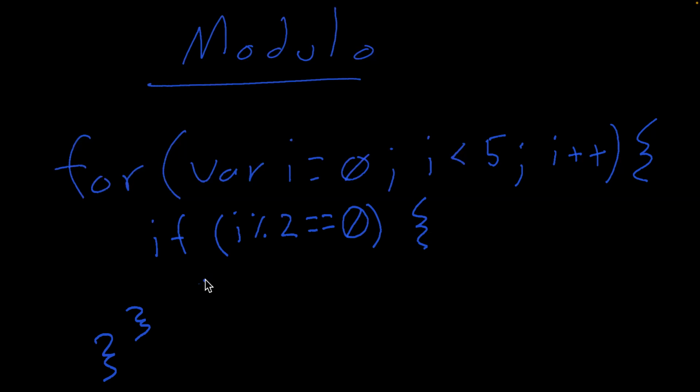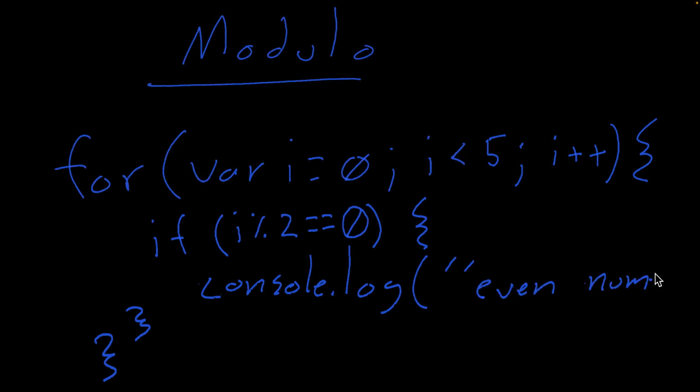Okay, so let's console log something. We'll say console log even num. Right, and let's see if we can t-diagram this if we have any space left.